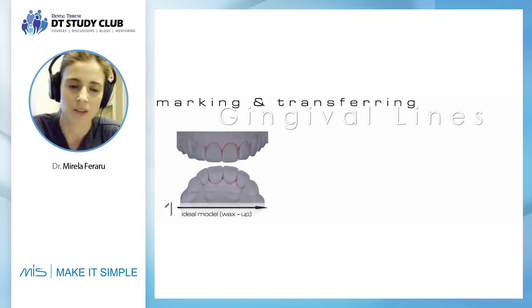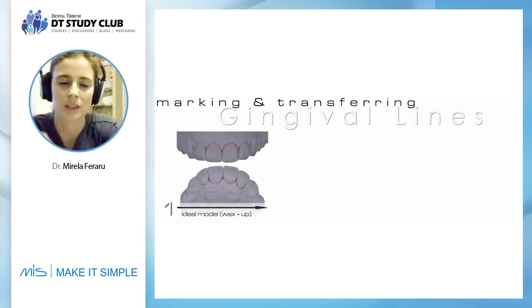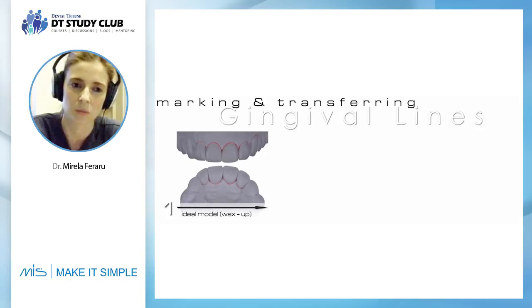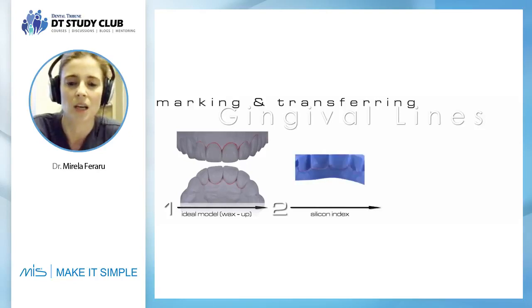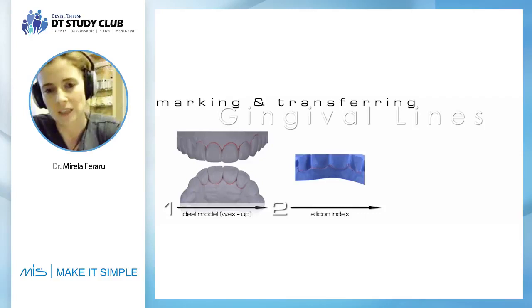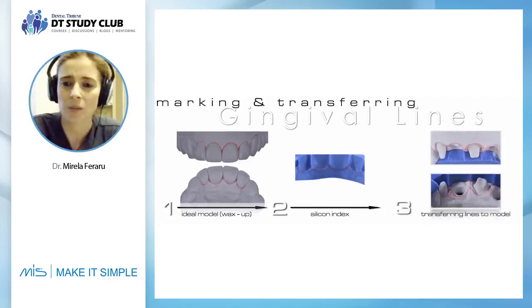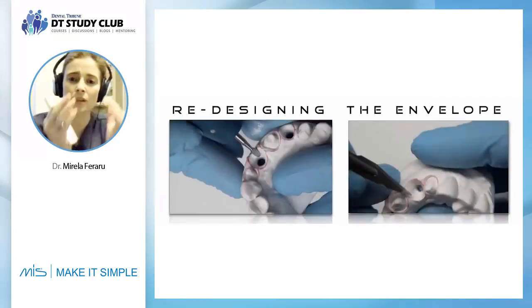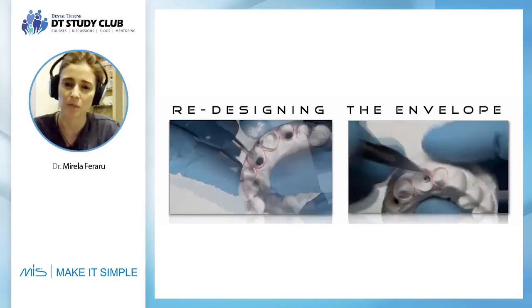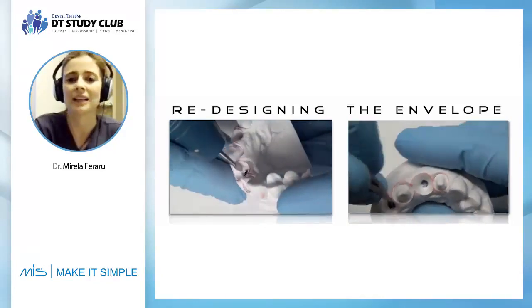On the ideal model, he will mark where the soft tissue positions we would like to have around those teeth. He will transfer them with the silicone index to the working model, and he will see very clearly how he needs to design and recontour those restorations in order to obtain that final shape and profile. So he's redesigning everything on the model.